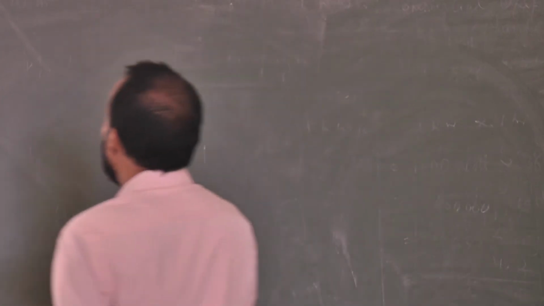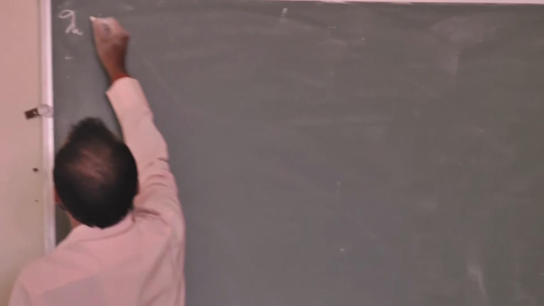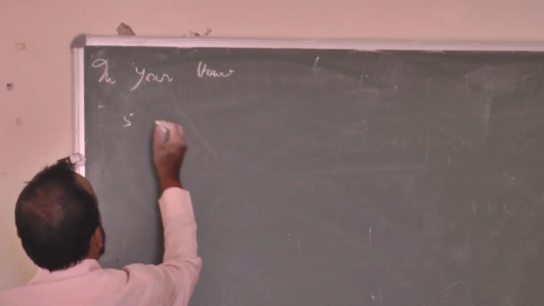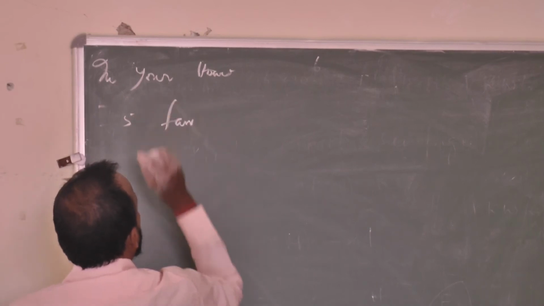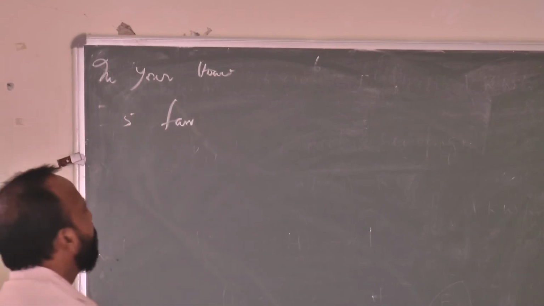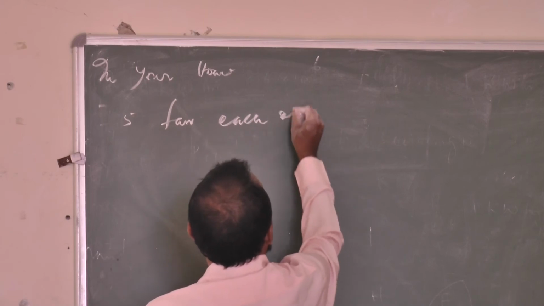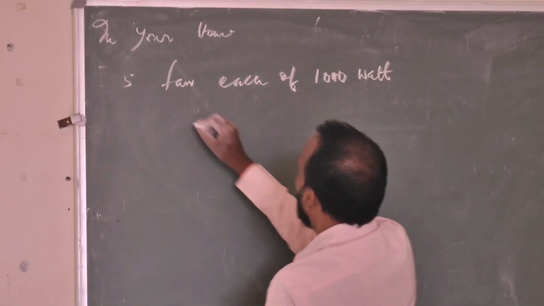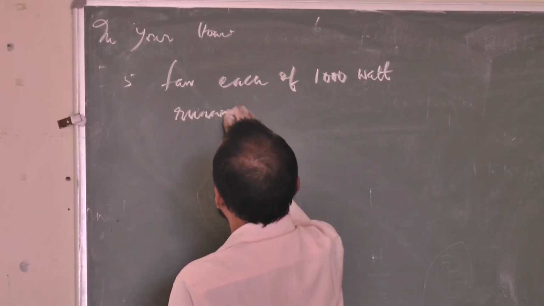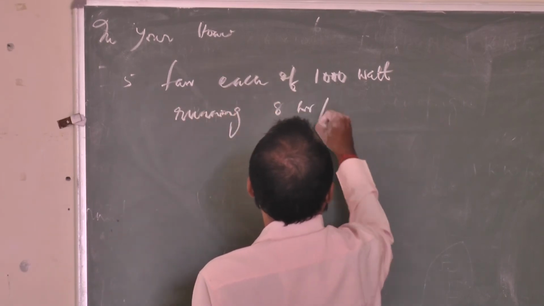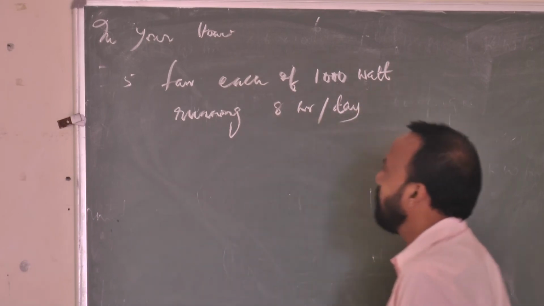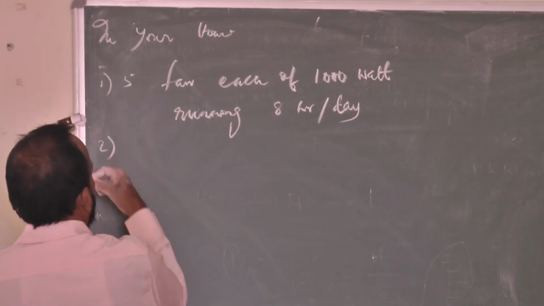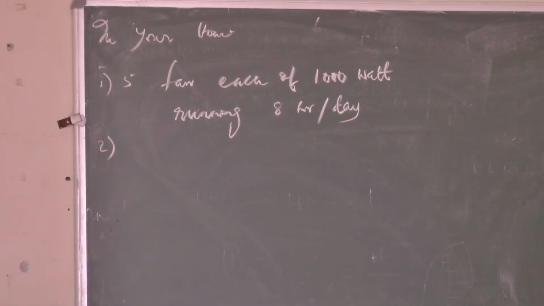So in your home, 5 ceiling fans, each of 1000 watt power, running 8 hours per day. Second, tell me the electrical appliances after fan.